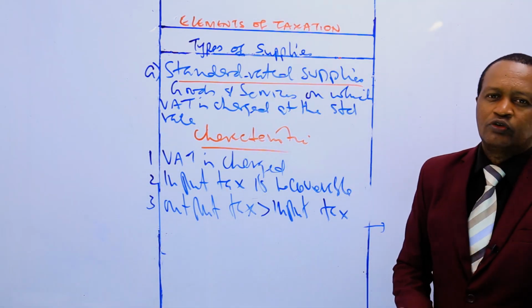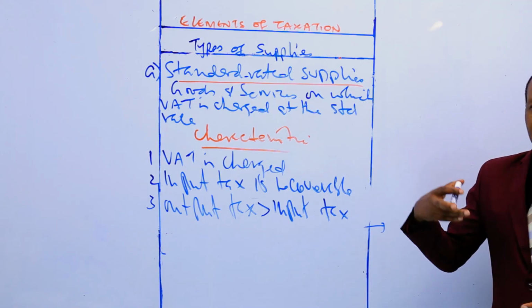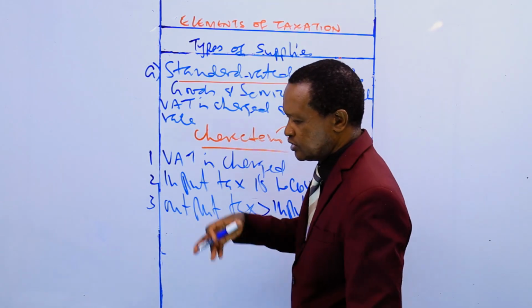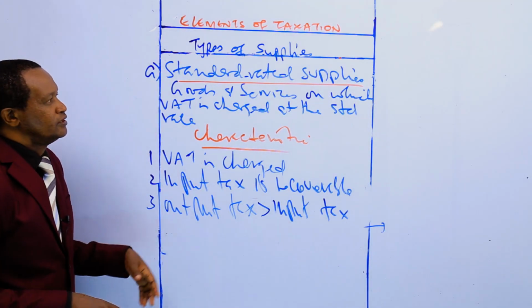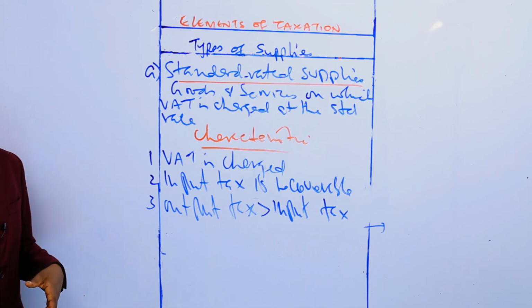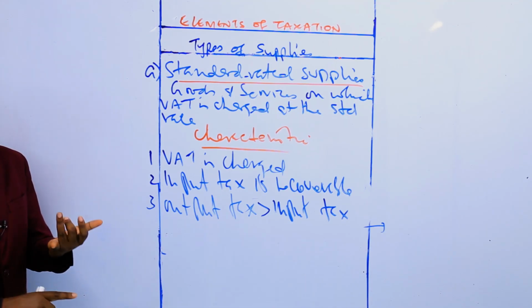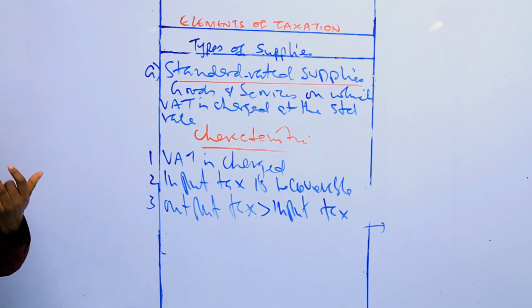And the examples of standard rated supplies include most manufactured goods, furniture, electronics, clothing. Most manufactured goods attract this standard rate of 16%. So one example I'm giving is manufactured goods like electronics, furniture, clothing, and so on. Then we have restaurant and hotel services.